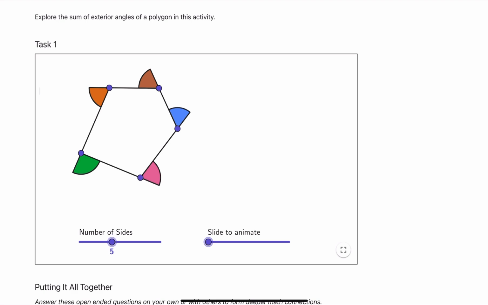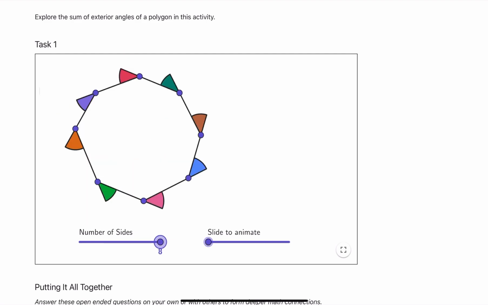Let's pull them together. Whoop, another circle, another 360 degrees when I add them all up, right? Let's go to the biggest one here. I have an eight-sided shape. Look at all of these small little exterior angles. But we pull them together and you create another circle, 360 degrees.